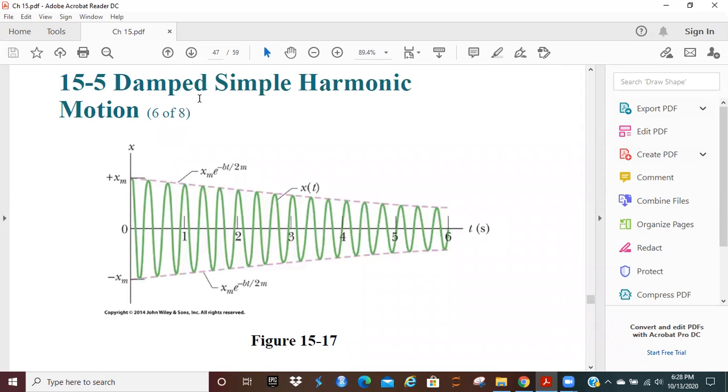So if you look at damped simple harmonic motion, rather than having a sinusoidal motion that continues on, we see that the maximum in the displacement on either side begins to get less and less and less, and it's because of this exponential term.